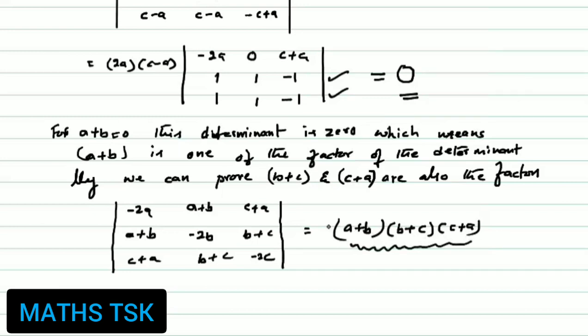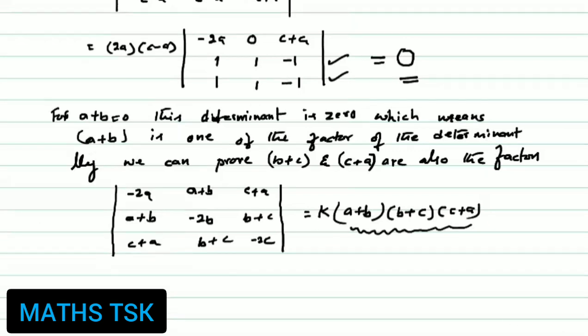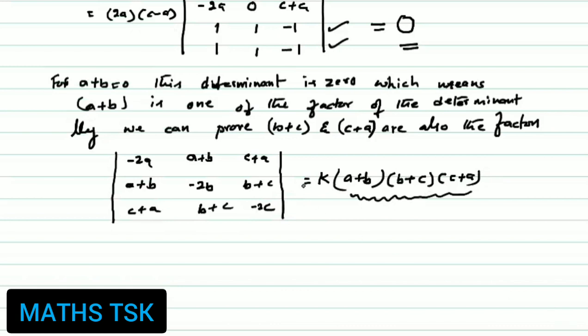There may be a constant in it. I consider it as k. We have to find the value of k. Generally, as in objective questions, here also we consider values of a, b, c as a is equal to 0, b is equal to 1, c is equal to 2. Substitute, find the value of k, then that is the end of the problem.